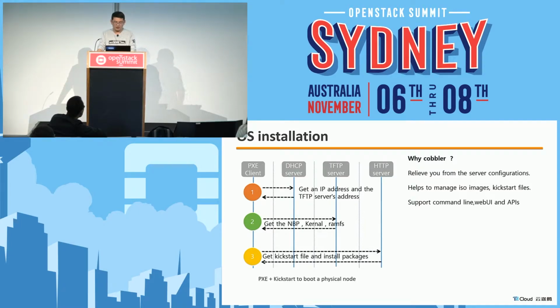It allows the system administrator to concentrate on what he needs to do and not how it is done. So you don't have to manually configure the servers, ISO images, and Kickstart files. Cobbler will help you to do it.